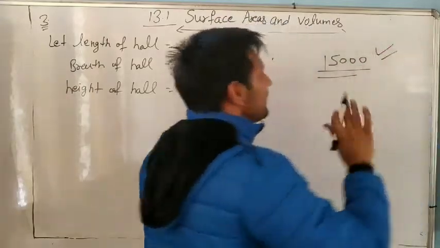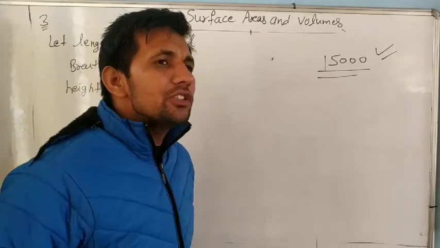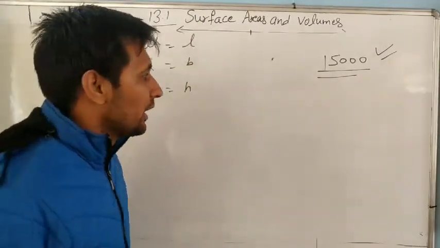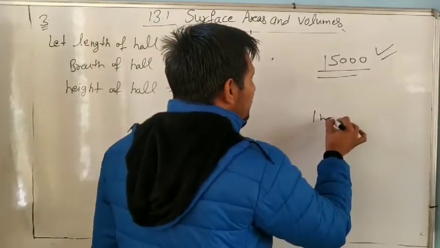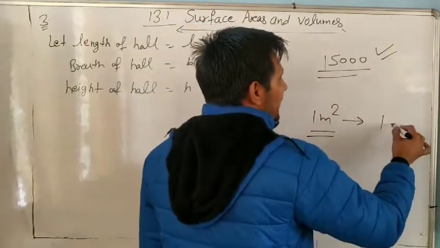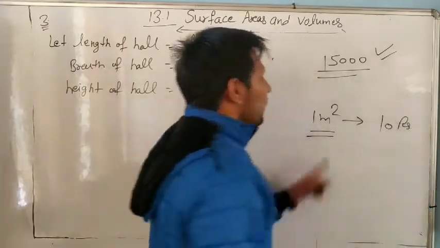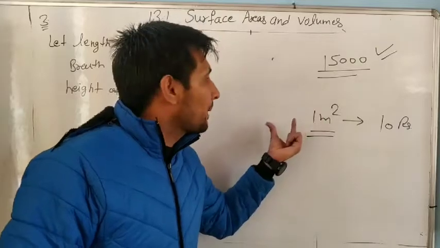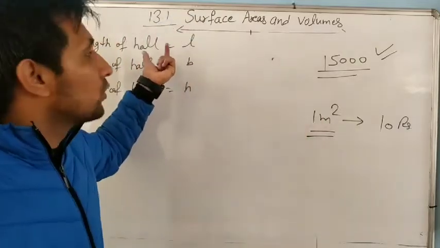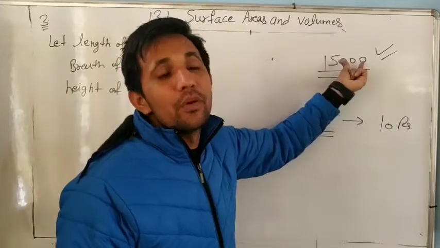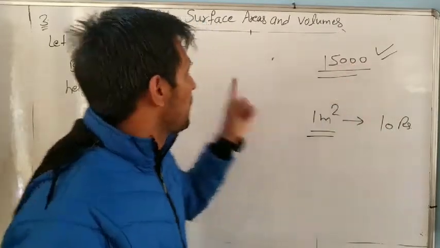The cost of 1 meter square is 10 rupees, so 10 multiplied by the total area of the four walls comes to 15,000. So first we will find the area.